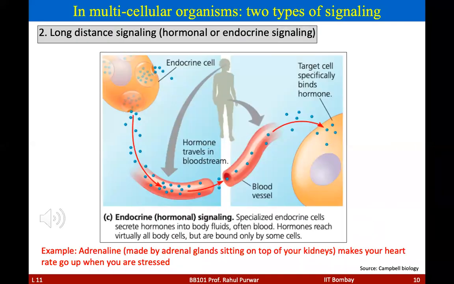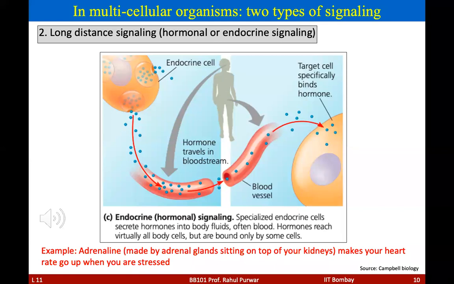Another type of signaling is called long distance signaling. And long distance signaling is mainly for the hormones or the endocrine system. You must have studied the endocrine system in your, again, 7th or 8th or 9th grade. Endocrine glands are throughout the body and they secrete the hormones.